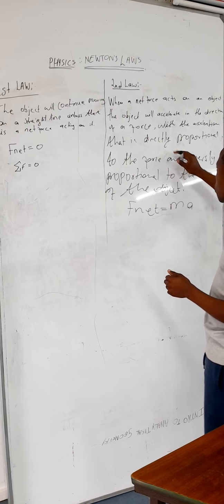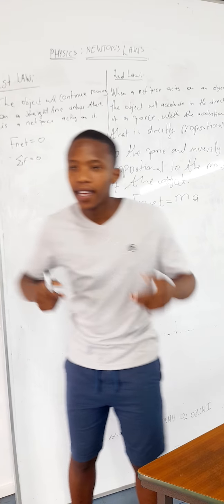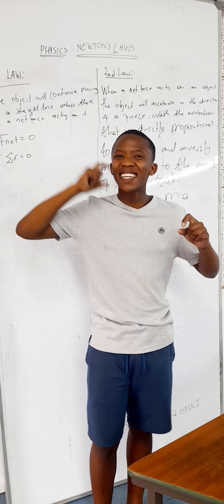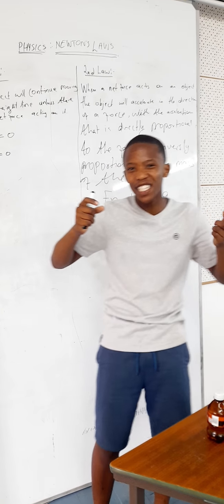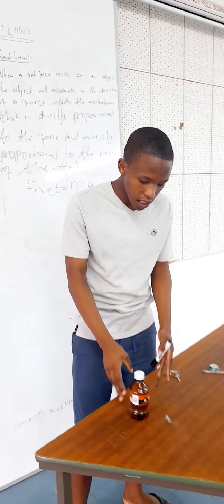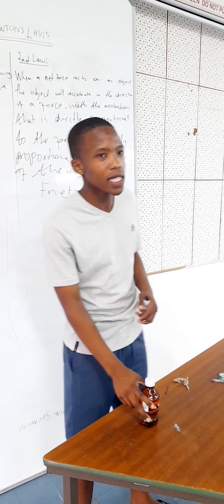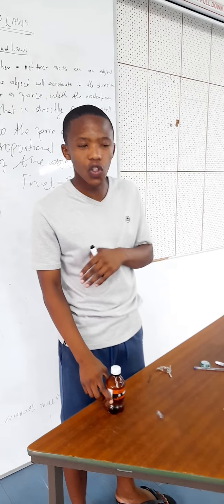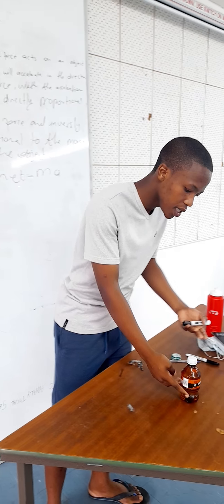So, what does it mean when it says directly proportional? If the force is increasing, then the acceleration will also increase. Look at this object. Let's say I'm pushing this object with a force of 2 newtons. Can you see the acceleration?